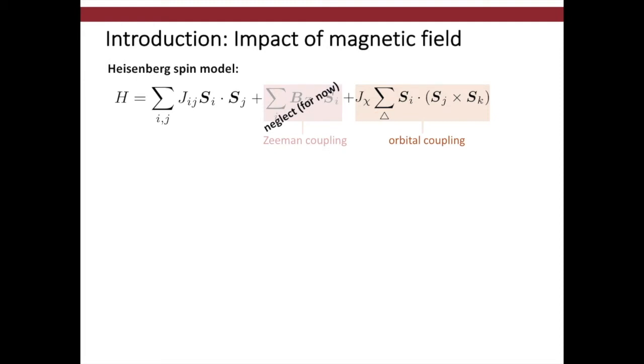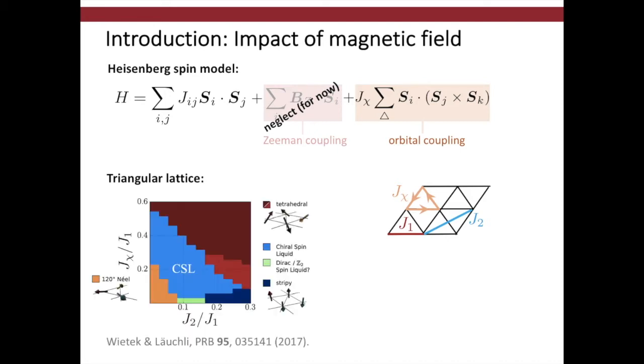For concreteness, let us first discuss the triangular lattice shown here on the right, with nearest neighbor J1 and next nearest neighbor J2 exchange couplings. The orbital coupling J chi is associated with the elementary triangles such as the one shown here in orange. The phase diagram of the model, as obtained via exact diagonalization, is shown on the left as a function of J2 over J1 and J chi over J1.